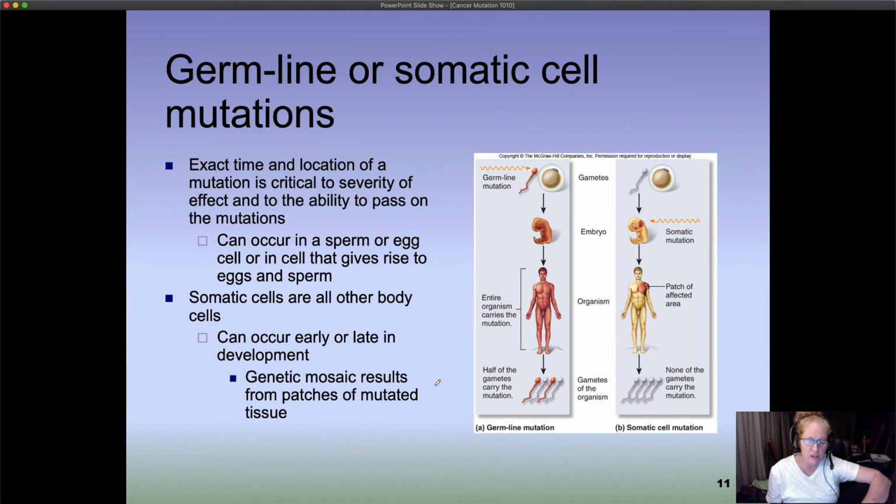And if we have mutations occur sporadically in a somatic cell, then we can see areas that are more localized. An example of that is a genetic mosaic. In a genetic mosaic, this is oftentimes expressed in changes in skin color. Somebody may have dark patches or light patches on their skin that are very, very distinct. And that is known as a somatic cell mutation.